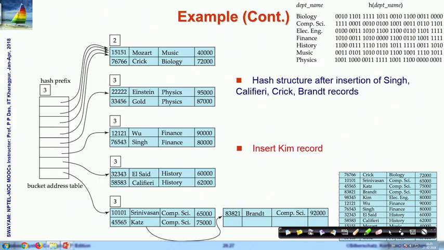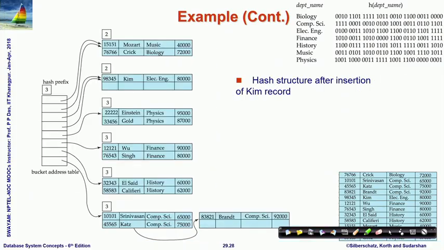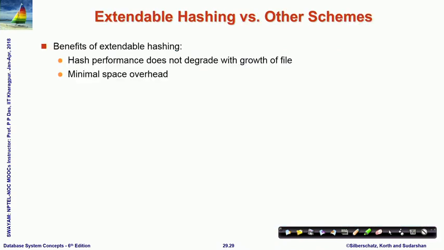So, you can continue in this way, and this is a final table where all things have been hashed well. So, this is the basic extendable hashing scheme.